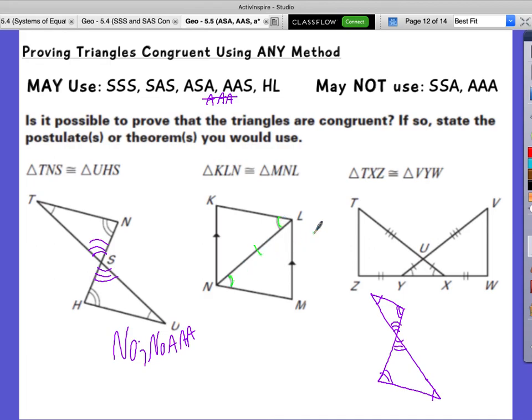And then the other angles, the L and the N on the other side, are equal, aren't they? How do we know that? It has to do with these parallel lines. Alternate interior angles: two parallel lines cut by a transversal, alternate interior angles are congruent. Now could we prove these congruent? Yes, by angle side angle.